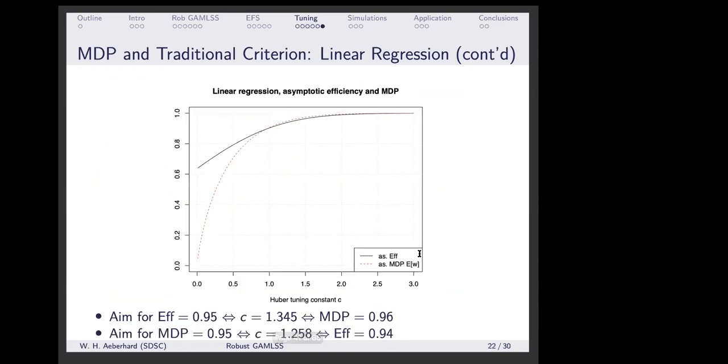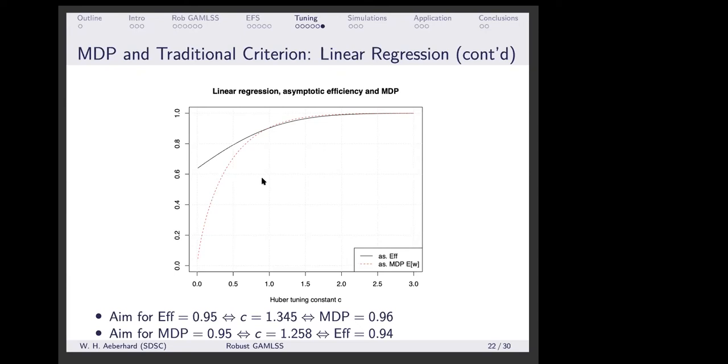So I can show you now the two curves corresponding to the traditional efficiency and the asymptotic MDP. The black solid line is the standard efficiency, and the red dashed line is the MDP criterion. The important thing to notice is that they're both monotonically increasing, meaning that between the two criteria there is a one-to-one relationship. In other words, if you are targeting a certain asymptotic efficiency, there is one and only one value of C, and there is only one value of the MDP.